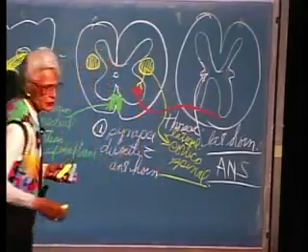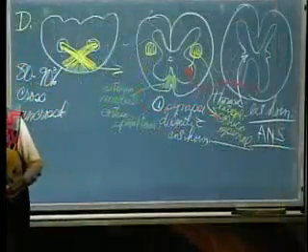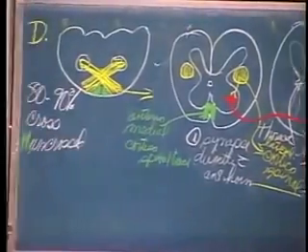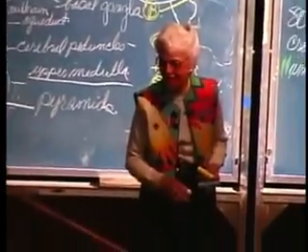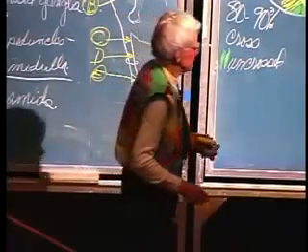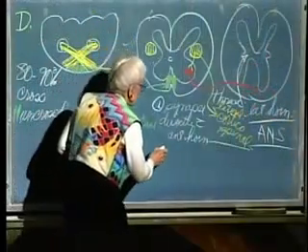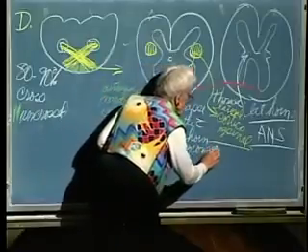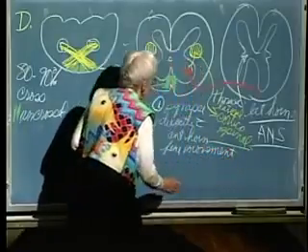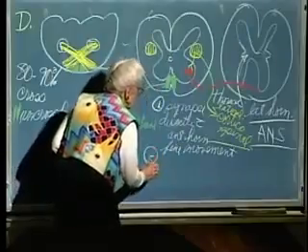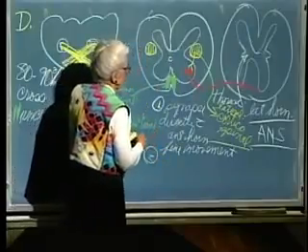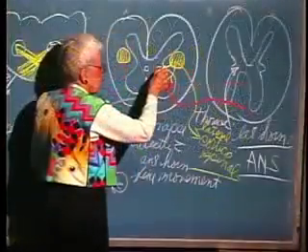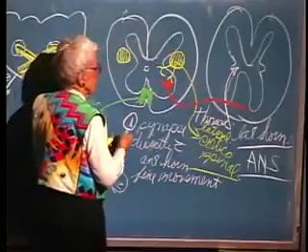So is this going to be for refined movement or crude movement? What would you guess? Fine, right. Fine movement, it comes directly to the anterior horn cell. So this is for fine movement. For more generalized movement, my fiber is going to come over to an interneuron.